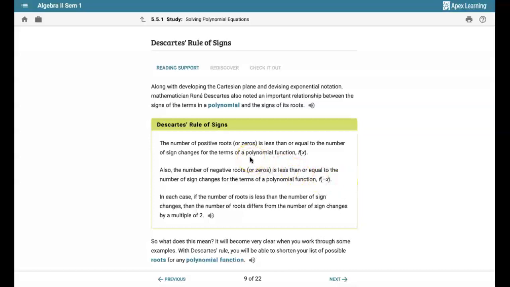When we generate our list of roots, those p's over q's, what's going to help us eliminate them is Descartes' rule of signs. The number of positive roots is less than or equal to the number of sign changes for our normal polynomial.